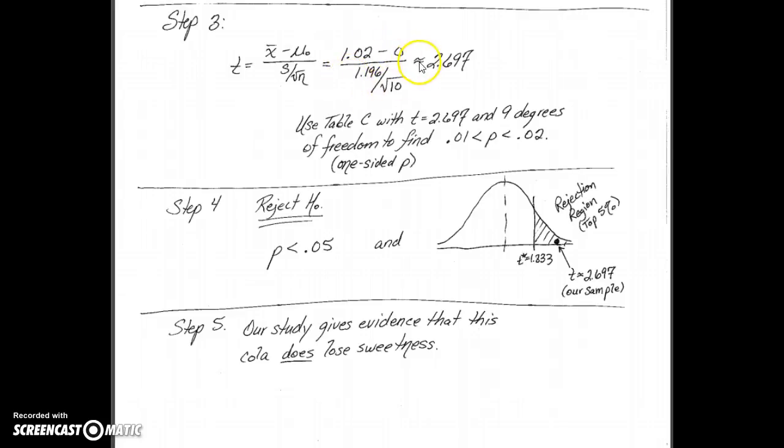When you plug all that in, you get 2.697 as your particular t-statistic, and we can use this to find our p-value. Again, we need to remember a couple things. We're dealing with a one-sided p, 9 degrees of freedom. So let's look up where that 2.697 would fall.